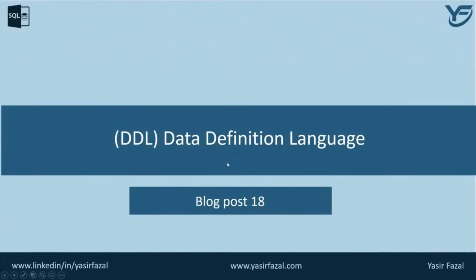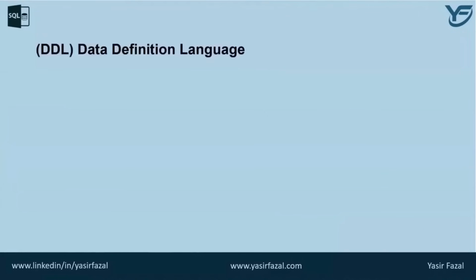In this blog post, I'm going to discuss DDL, or the data definition language, in any database. Data definition languages, or DDL, are used to define the database structure or pattern.